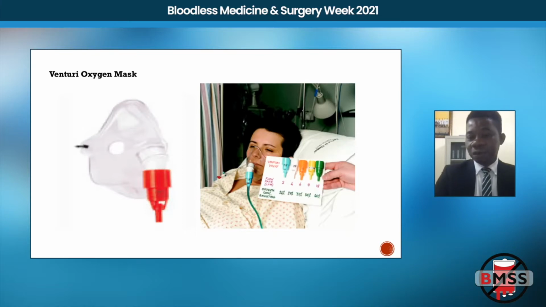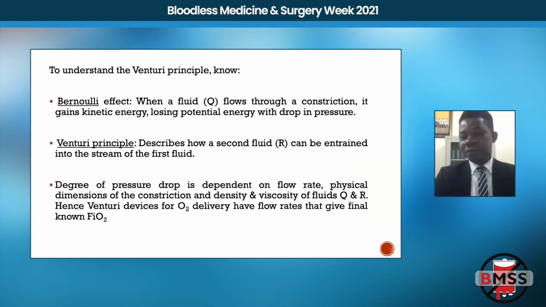It comes in different color codes and it's written on the body how much percent of oxygen. We tend to use this to manage, most of the time, patients with chronic obstructive pulmonary diseases, because they also need some form of carbon dioxide in order to continue breathing and stimulating their respiratory center. If we wash out all the carbon dioxide, they tend to become dependent.